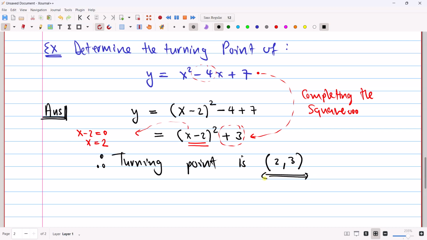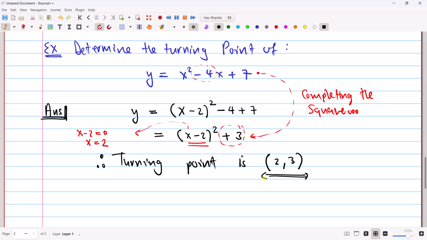So this is the technique that you must practice very well in order to master the art of finding the turning point with ease. The reason why I'm going for this technique is because in exams, they will give you an equation of a parabolic function in which the square has been completed already.